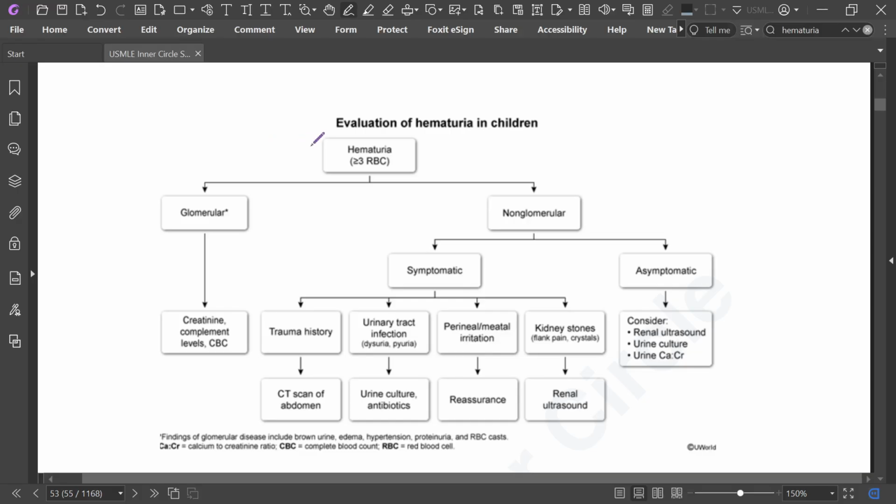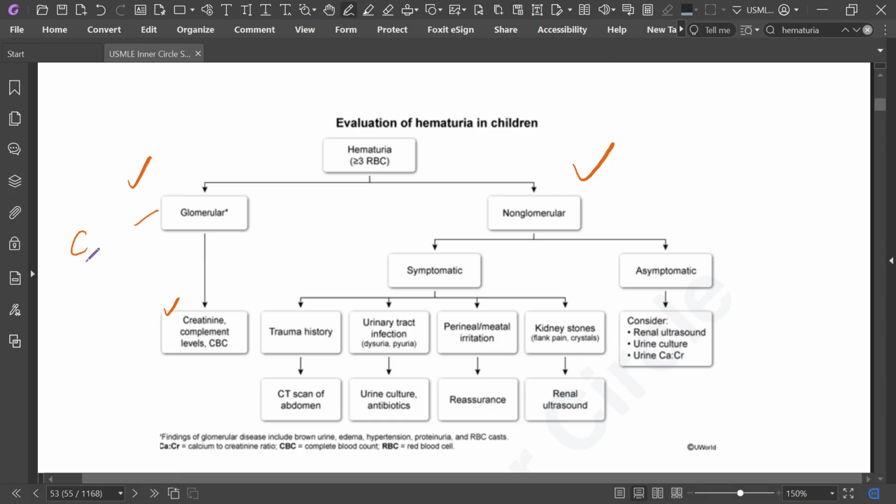If there is hematuria in children, with more than 3 RBC, it may be glomerular or non-glomerular. If it is glomerular, then creatinine, complement level, and CBC should be done.